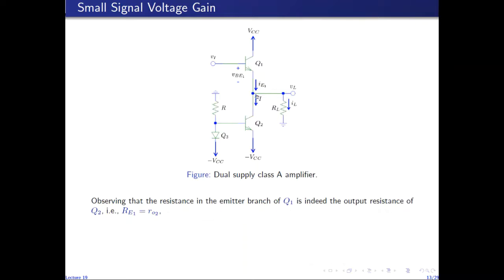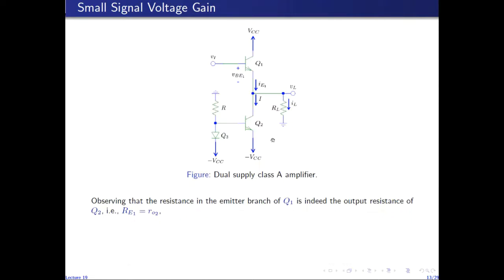So this small r naught 2 represents the AC resistance in the emitter branch of Q1. I considered this small r naught of Q2 as the AC emitter resistance of Q1.